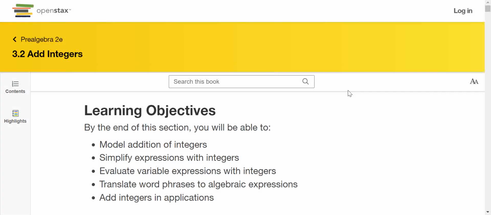Hello, math friends. 3.2, we are reading Add Integers, our learning objectives.